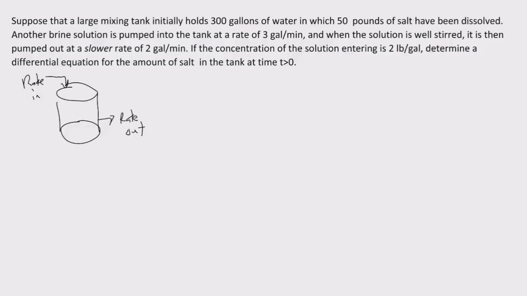Okay. So just so we are all on the same page, let's say A is the amount of salt, and so dA/dt is the change in salt over time.